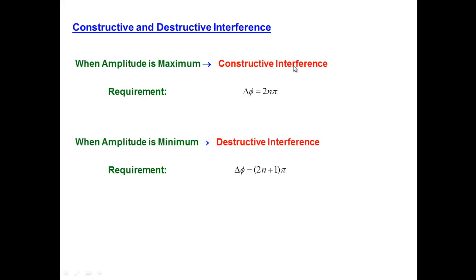But then if you moved a short distance away to another location, you might be at just the right spot for destructive interference, and the net sound would be very soft.